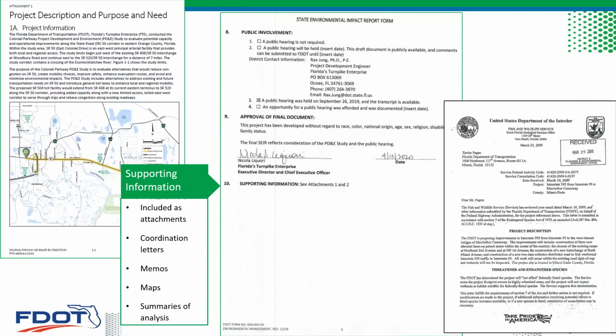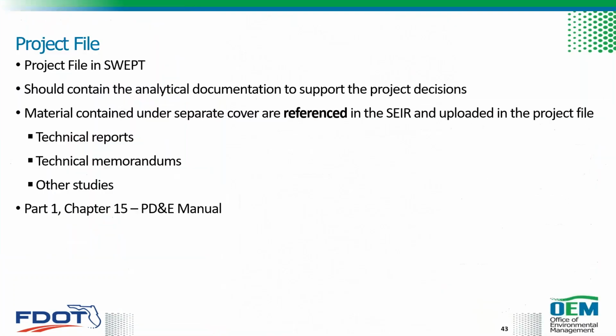Documents referenced in the supporting information section of the form are included as attachments. And these may include those coordination letters, memos, maps, and the summaries of the environmental analysis. And the project file is maintained and swept and should contain the analytical documentation to support the project decisions.